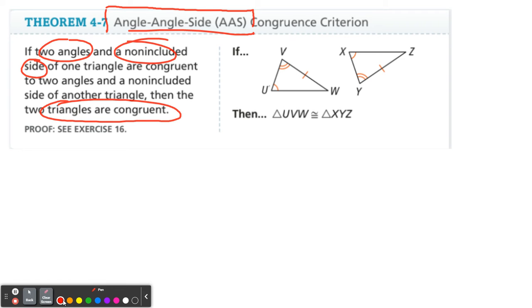So in this picture here, U is angle 1, V is angle 2, and VW is the side not included. Same thing over here. Angle 1, angle 2, and the side not included. There we go.